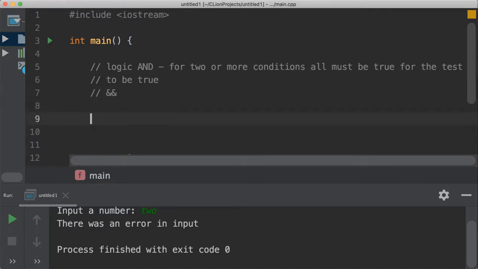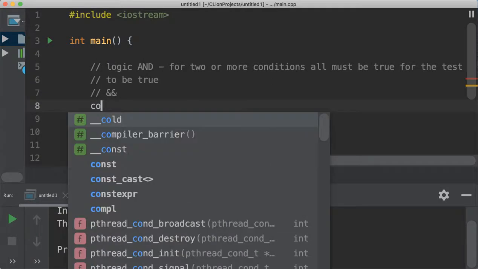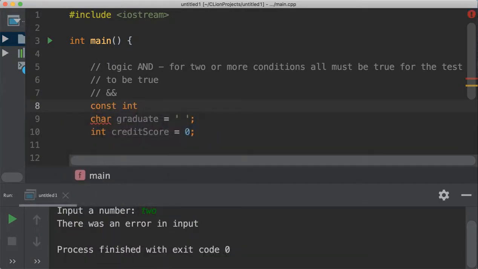So let's say we're going to declare a Boolean character. Are you a graduate? Did you graduate from college? Now, next question is your credit score. We're going to test that too. And we're going to declare a constant integer, good credit equals 700.